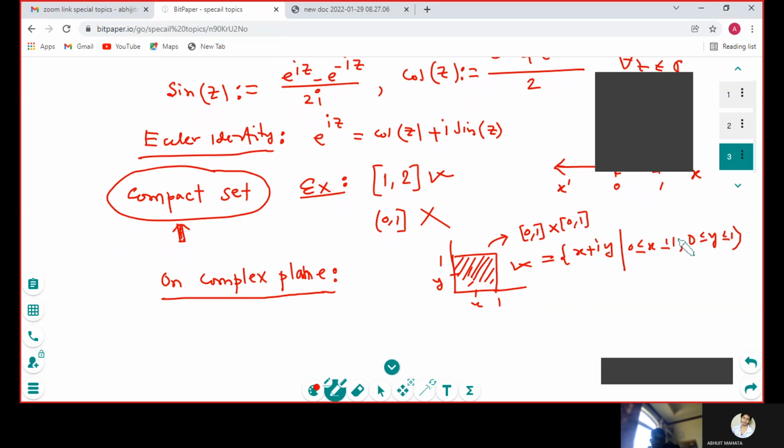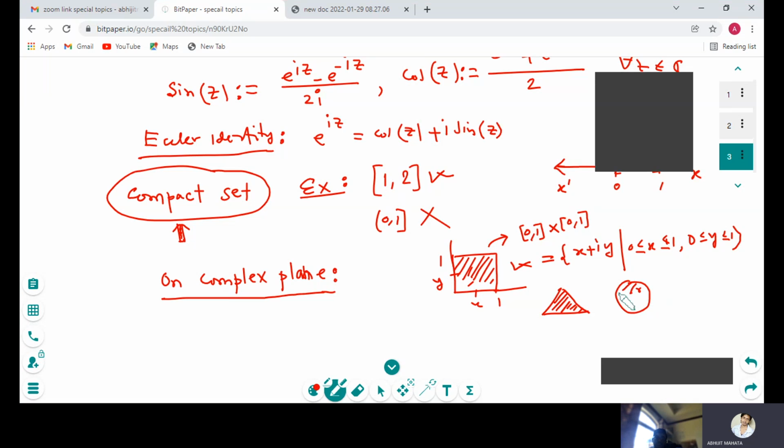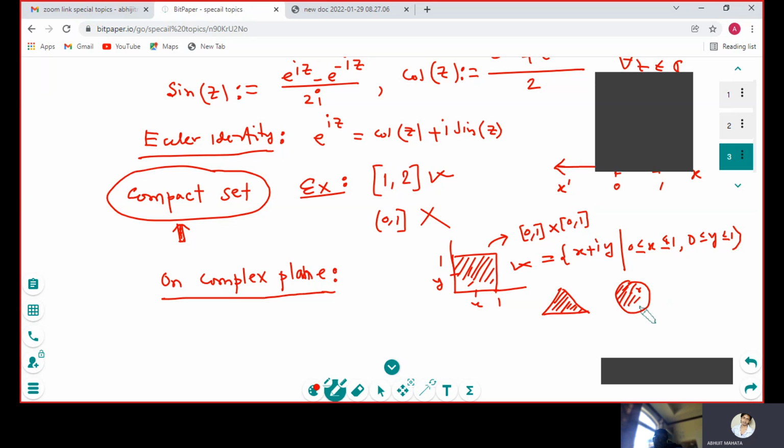Got it? Also, you can take a triangle with its boundary; it is a compact set. You can take a disc with center a point and radius r, including boundary and interior; it is a compact set.